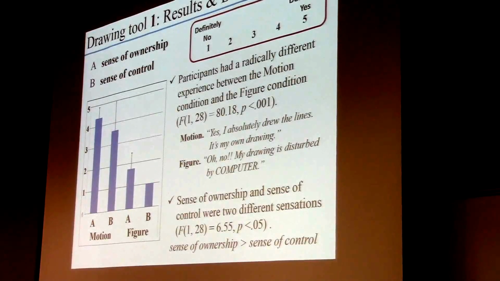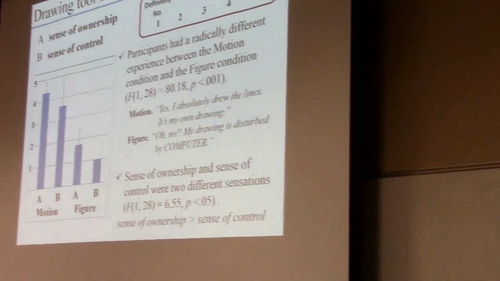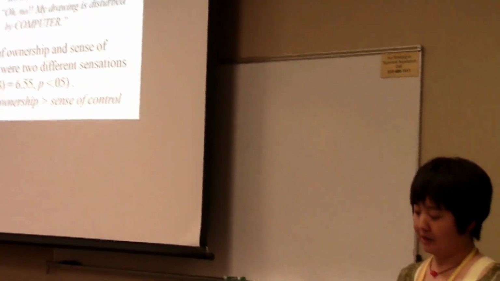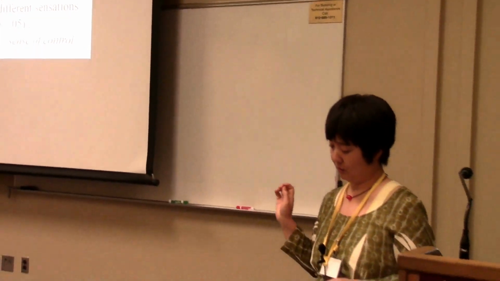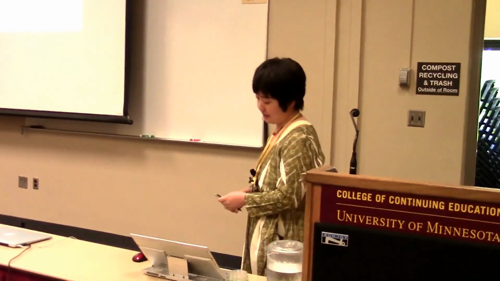Question B was about the sense of control. Did you feel you were able to control your body according to your intention? How strong? A 5-point scale was used. The participant gave a score ranging from 1 to 5 for each question. This figure summarizes the result.